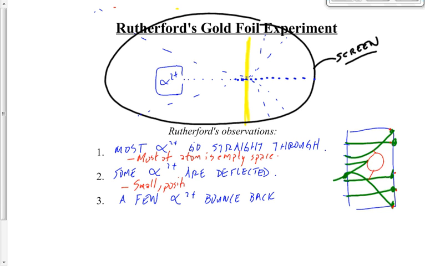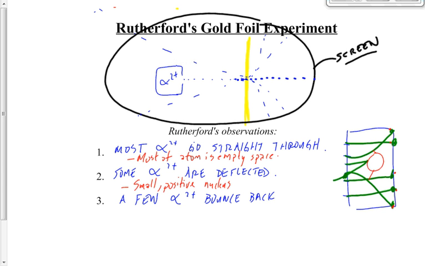Why is it got to be positive? Well, what's going to push away an alpha particle? What's going to push away something that's positive? Something that's positive. So you've got to have something that's small and positive. We're going to call it a nucleus. We've got a small, positive nucleus. Now, we're not talking about protons and neutrons yet. We're just talking about a positive nucleus.